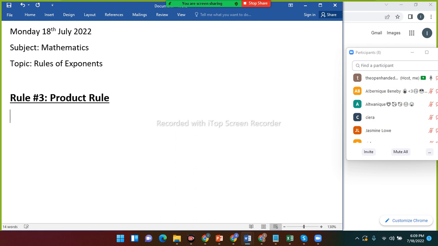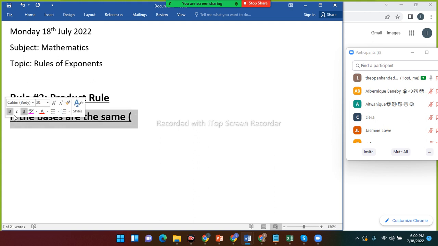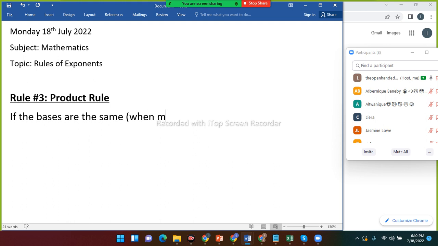So the product rule for rules of exponents tells us that if the bases are the same, and of course we're talking about when we're multiplying, so if the bases are the same, then we add the powers. Okay, so that's the product rule. If the bases are the same, then we add the powers.